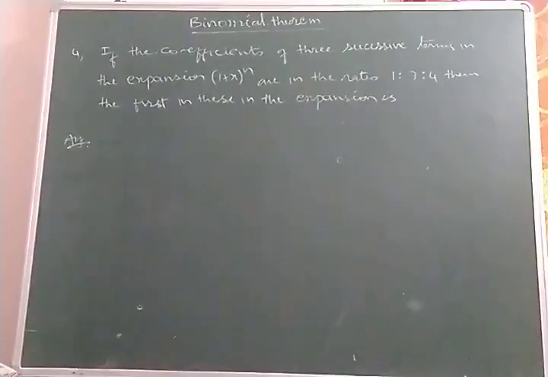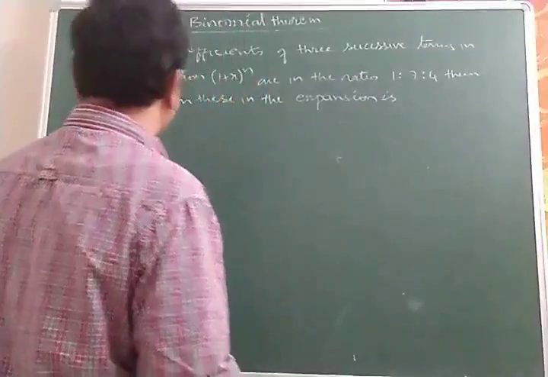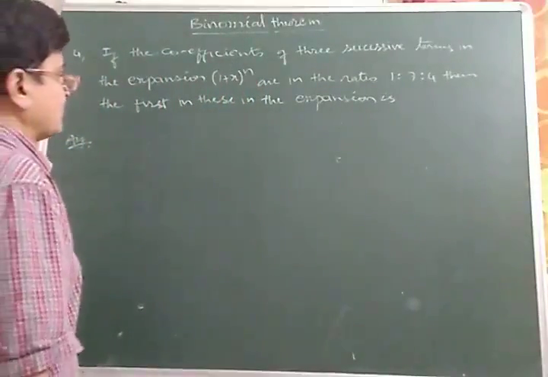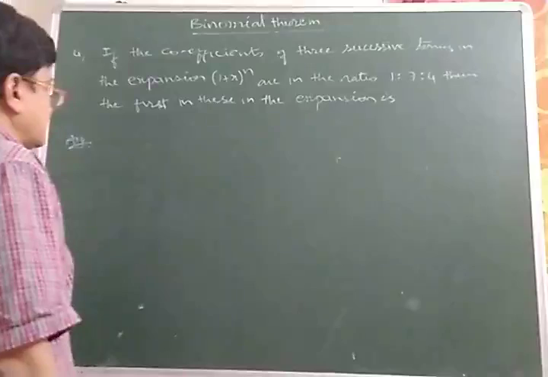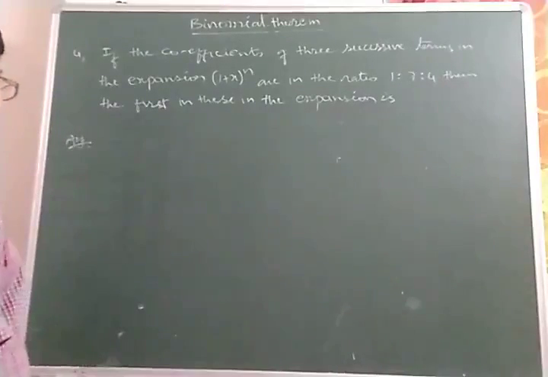Question number 4. If the coefficients of 3 successive terms in the expansion (1 + x) whole power n are in the ratio 1:7:42, then the first term in the expansion is.